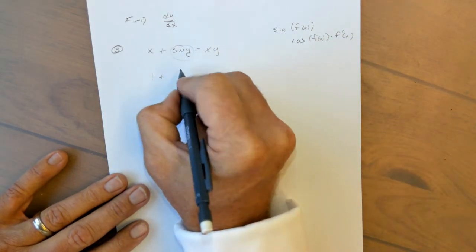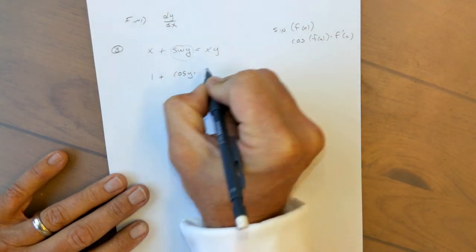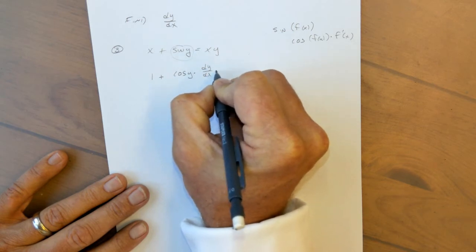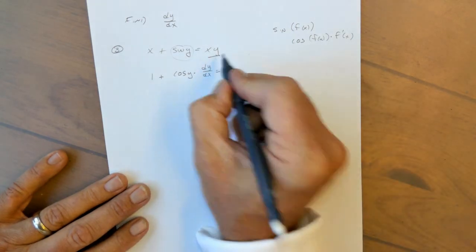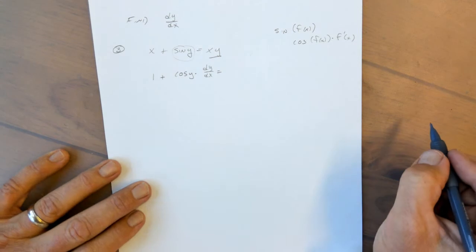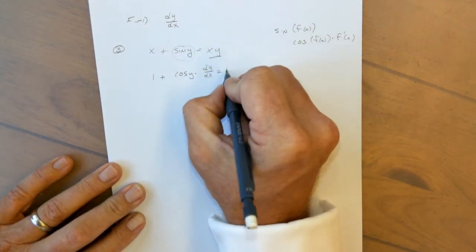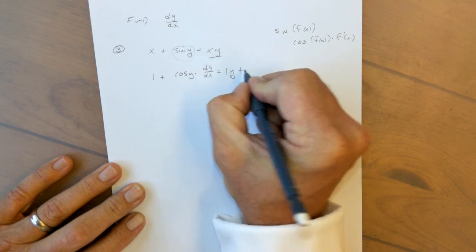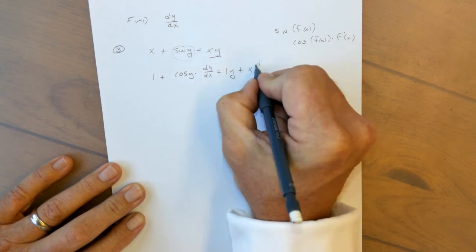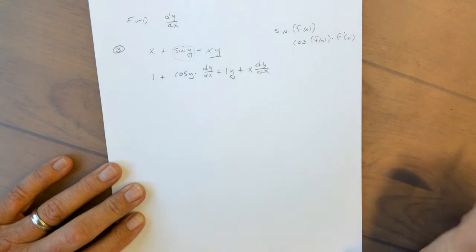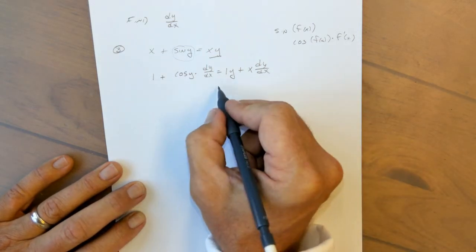So applying that here, we would have the cosine of y times dy/dx equals, on the right side we have our product rule. We did one of these, xy, in fact, exactly in the first problem. So we have the derivative of x is 1 times y plus x times the derivative of y, which is dy/dx. So now it's a matter of putting everything on the same side.